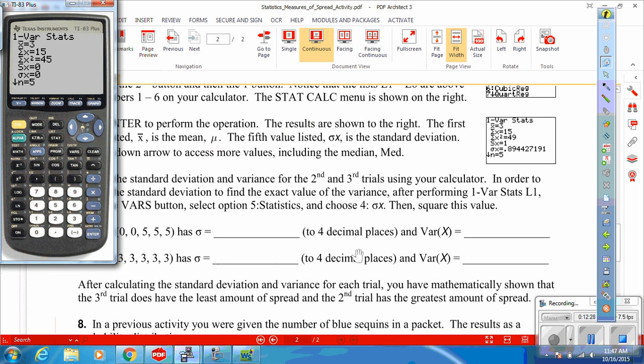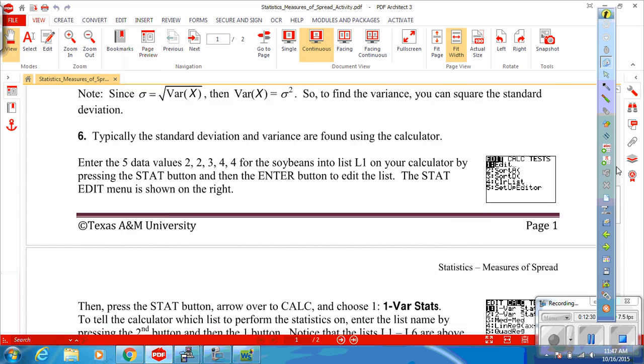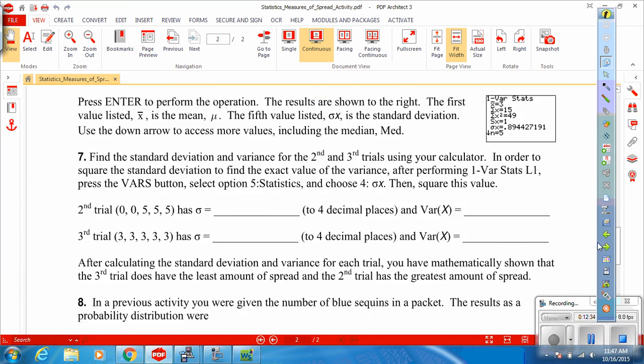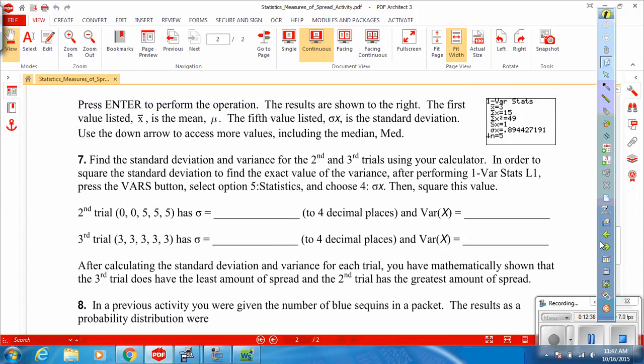So after we calculate and we compare these numbers, what can we say that the variance tells us about the situation? You may notice that the one where all the numbers are the same as the average, that had a standard deviation of 0. That's what that meaning is. If your standard deviation is 0, there is no variance. It doesn't vary at all. Everything's the same number.